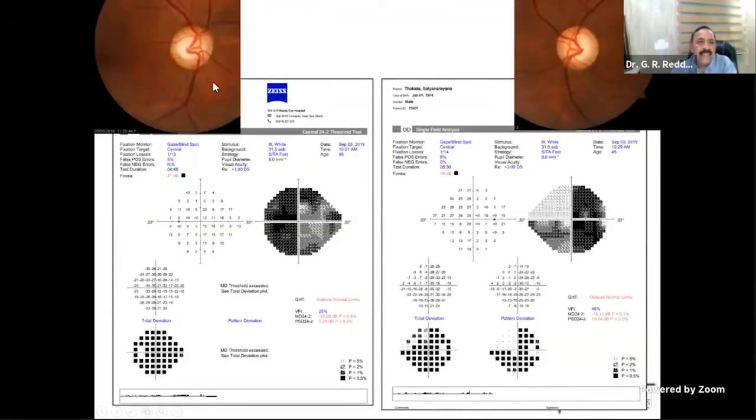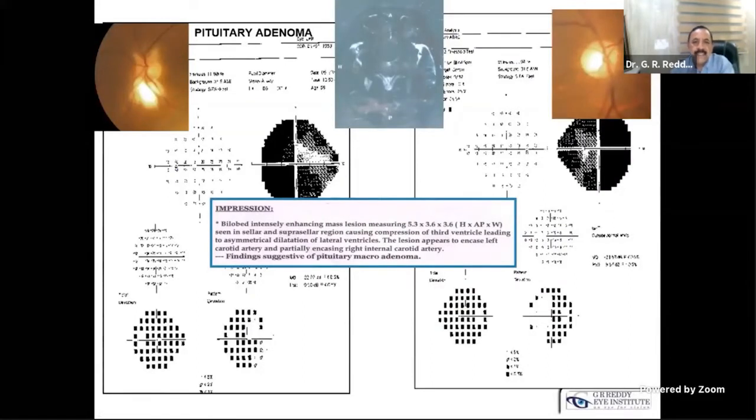Even though in the fundus photograph it looks almost normal, when we examine, it looks a little paler. And in this patient, see, the disc pallor, bitemporal hemianopia.